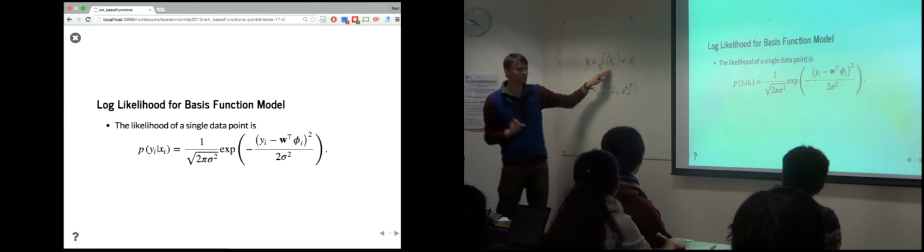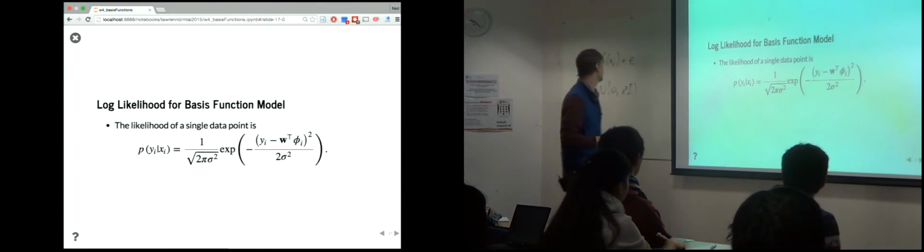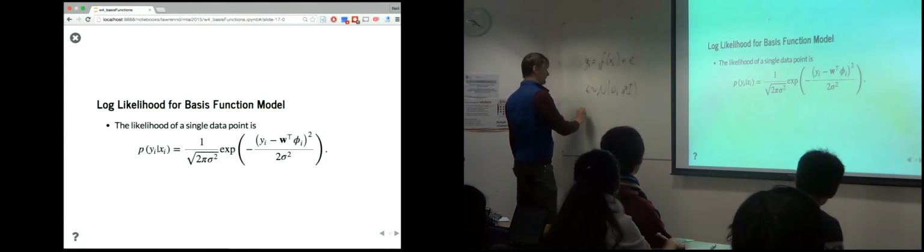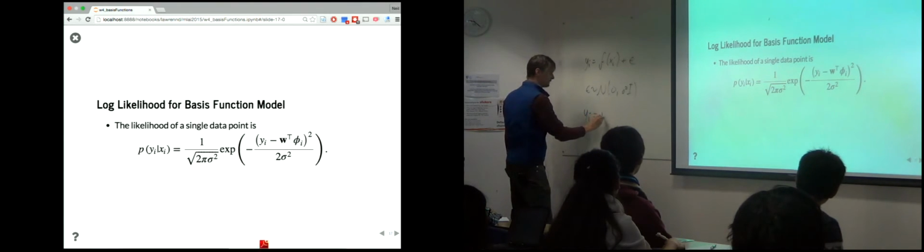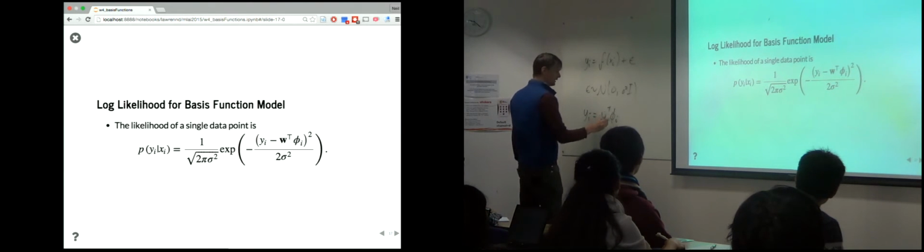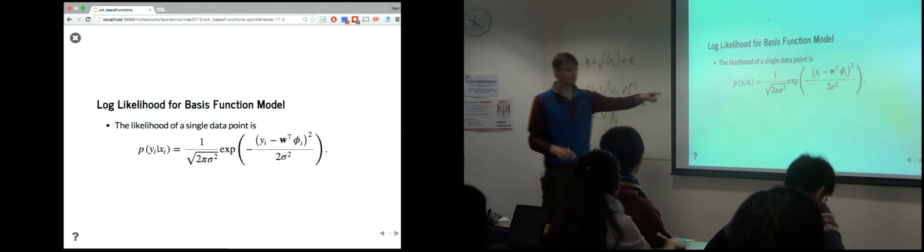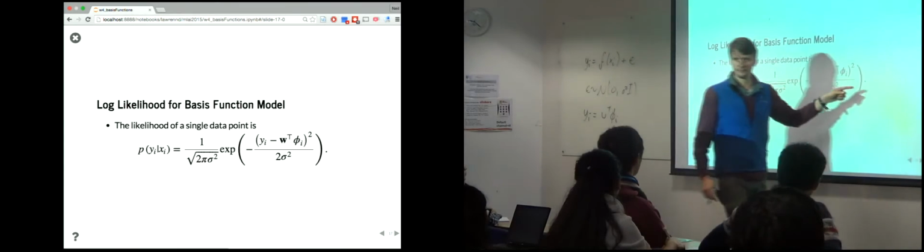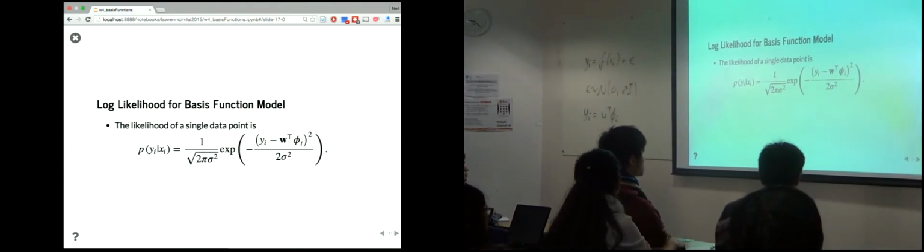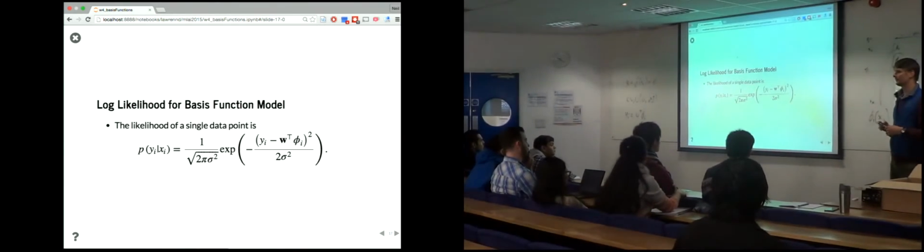If you add something to a distribution, you just shift its location, you're just changing its mean. So that's why f of xi, which in this case is yi equals W transpose phi I, is now the mean.